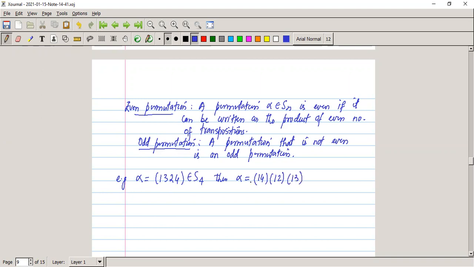So the number of transpositions in this alpha is equal to 3, that is odd. So this implies alpha is an odd permutation.